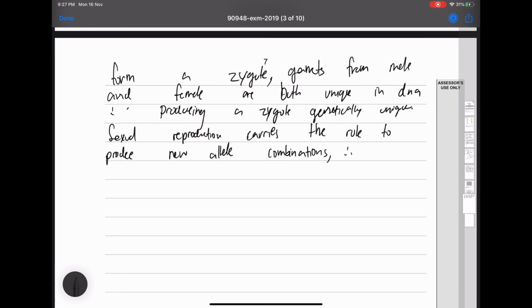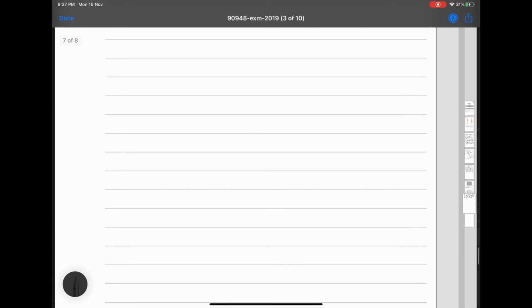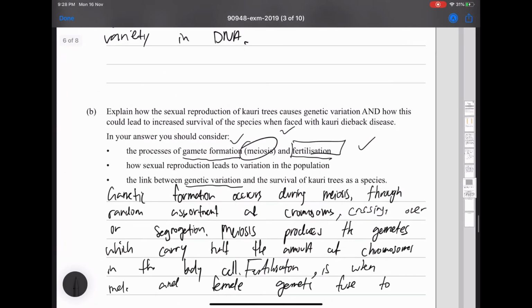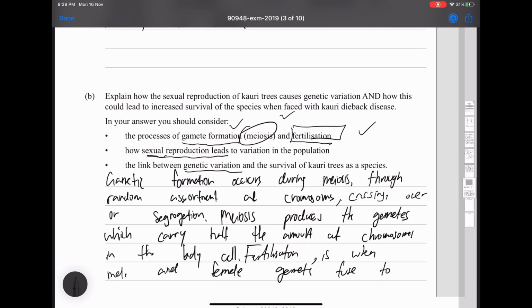Therefore, increasing genetic variation amongst individuals. So that's pretty much the role of sexual reproduction. And because of this, it leads to variation in the population because of the new allele combinations.